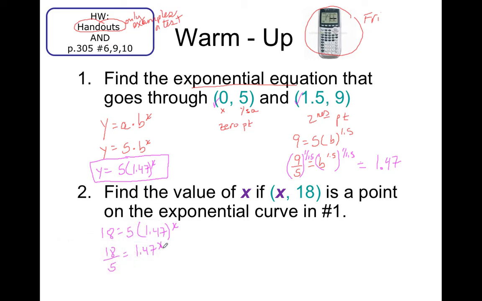You want this x down in front, so you need to turn this into log base who? Logs are exponents. And then put the 18 over 5 here. I change this to base 10 so I can use my calculator.